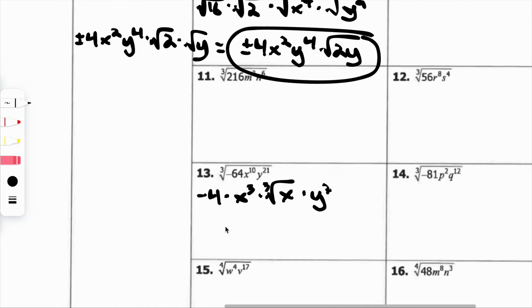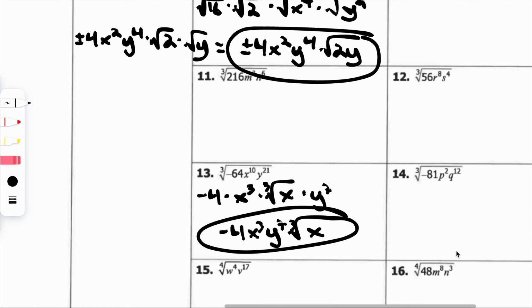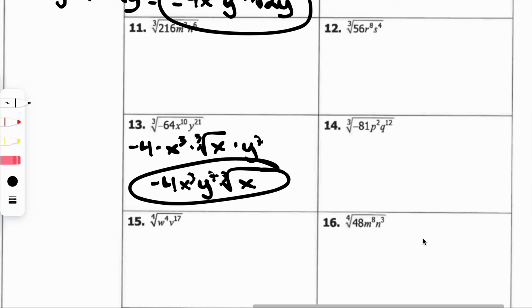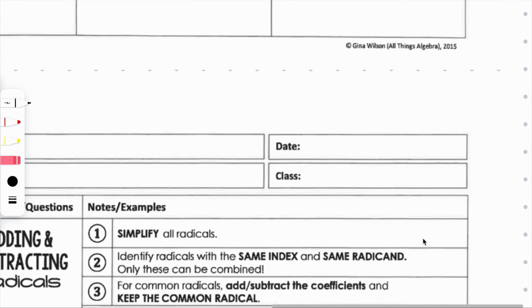And from here, we're just going to simplify, write it out again, and we get something like this. And that's just going to be our answer. Okay? Great. So let's keep on moving on.